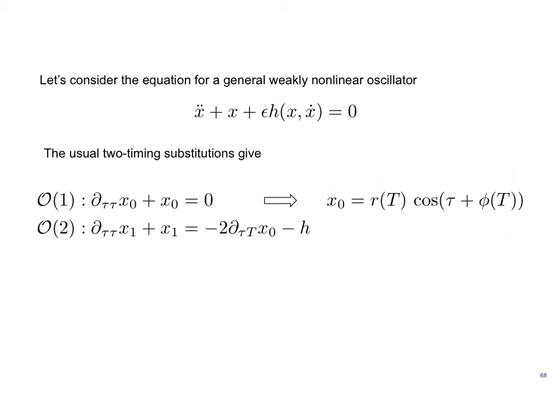So this is the solution with polar coordinates. We will need to find a given amplitude and a given phase. Still we have two variables that depend on the slow time T. Before we had a and b, now we have r and phi.